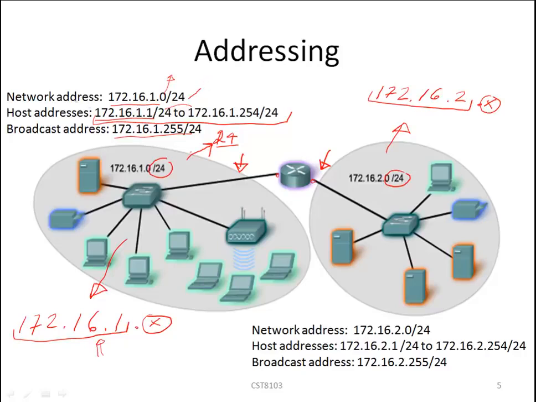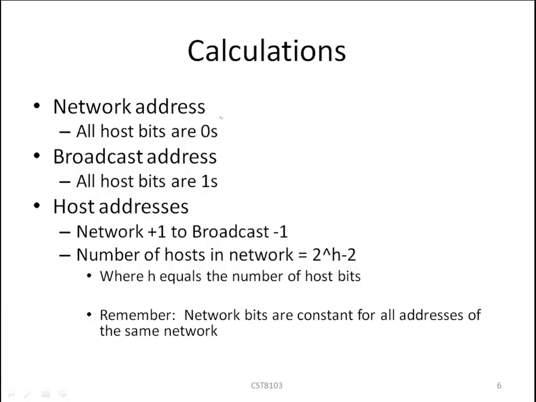calculate these three components. That is the network address, the host address range, and the broadcast address. In order to calculate the network address, you set all host bits to zeros. In order to calculate the broadcast address, you set all host bits to ones.